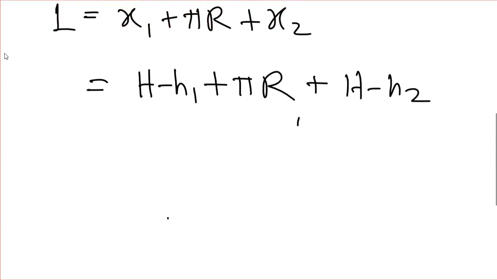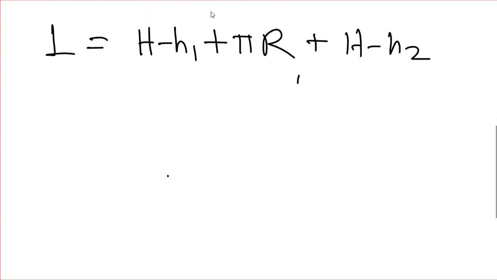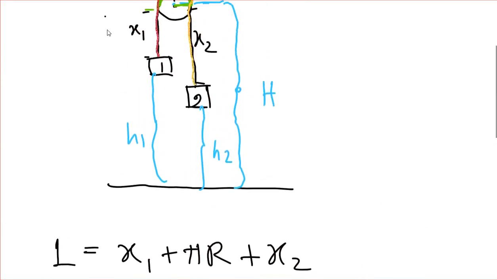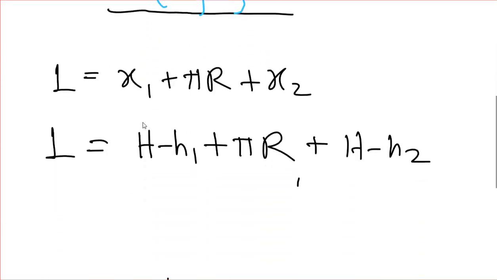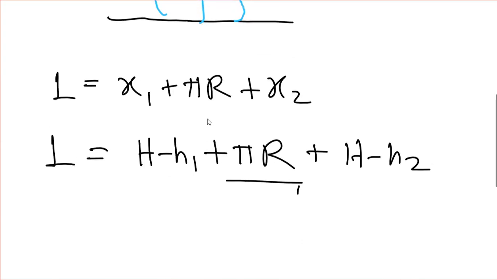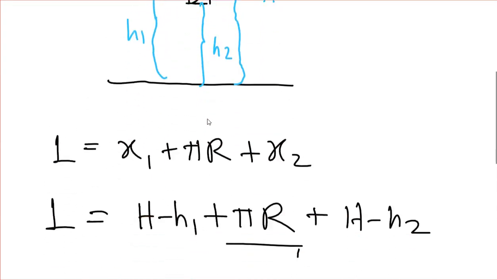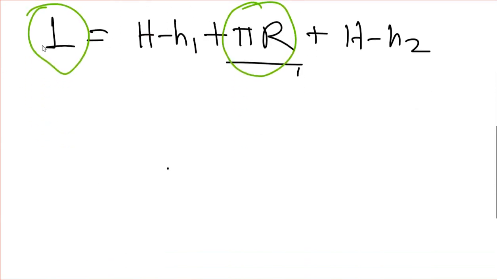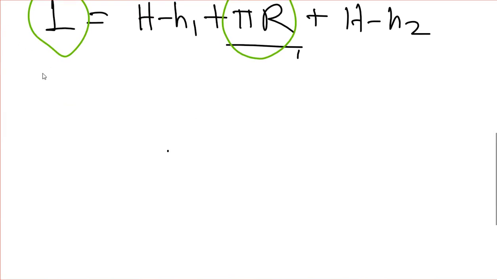Now L is the total length of the string in this form. Here the total length of the string and the half circumference pi r are constant parameters. Why are we saying this? Because now we have to take the help of derivatives with respect to time.